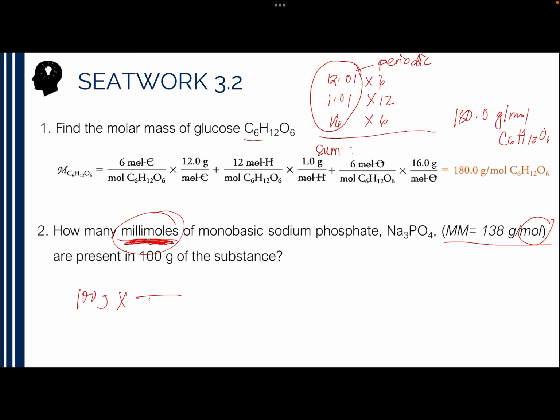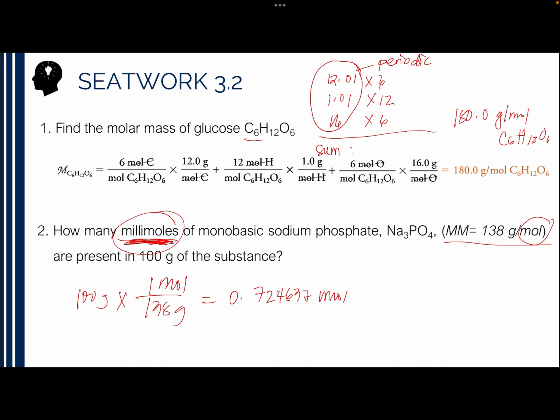So we have 138 gram and then we have 1 mole. So here we can calculate the mole, which is 0.724637. So this is mole.